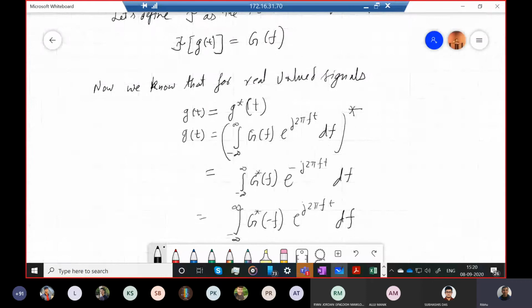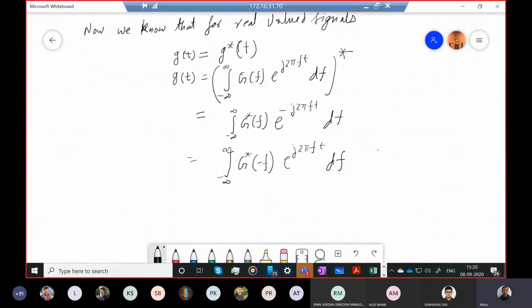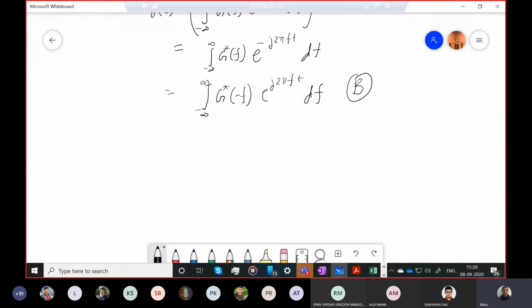So g(t) is this, and by comparing A and B, you can see that this happens.